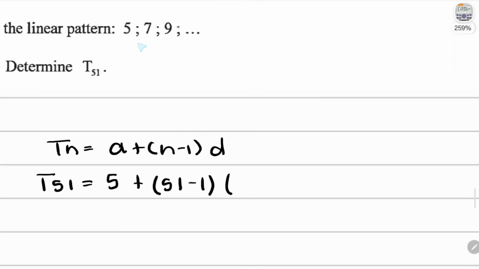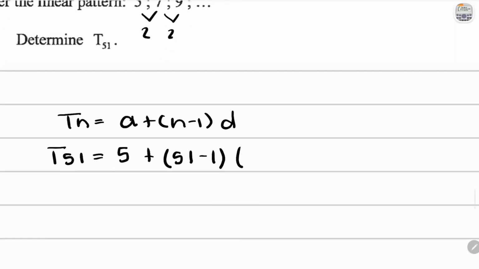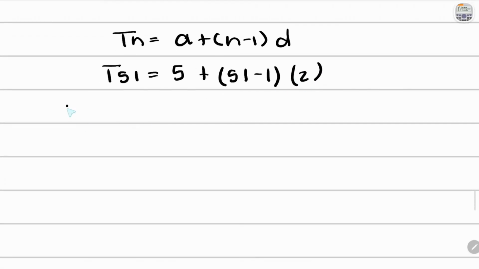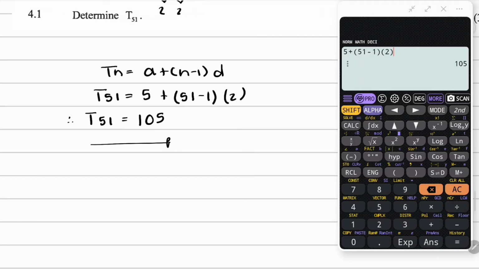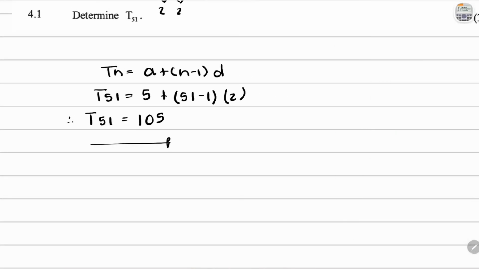The difference is just 2 every time: 7 minus 5 is 2, and 9 minus 7 is 2. You can just work out what this would be, and that is equal to 105. And that is our answer, 105.